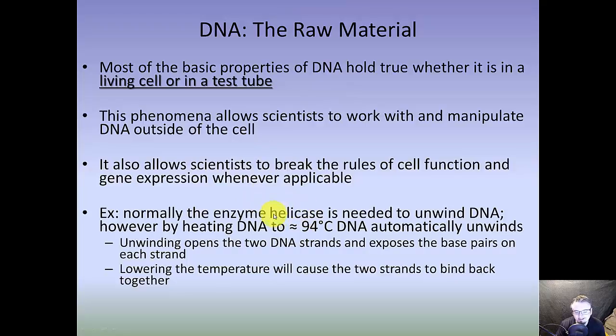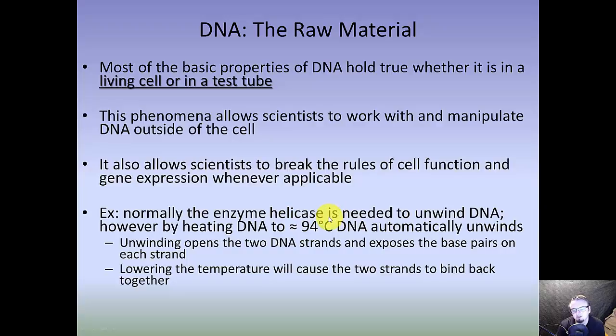You typically have enzymes like helicase, which is an enzyme that splits the DNA apart. You have enzymes like DNA polymerase then that come in and replicate and add to it. But the idea is there's a natural process within the cell. And normally you have an enzyme, for example, to take care of this process, like unwinding the DNA.